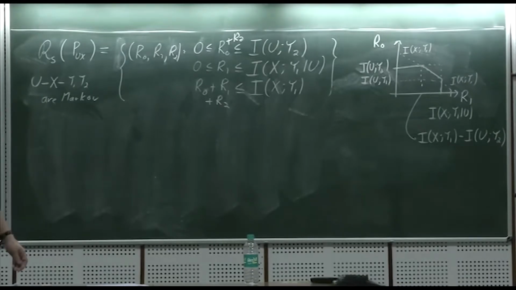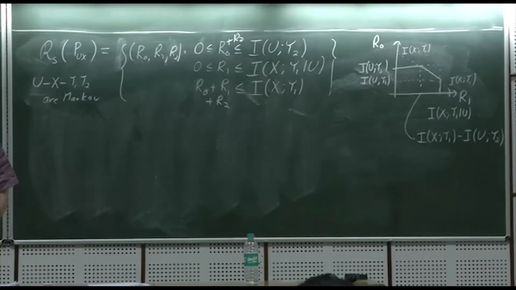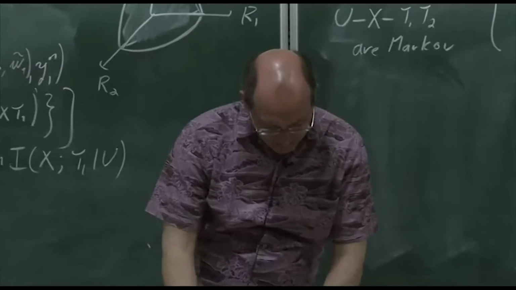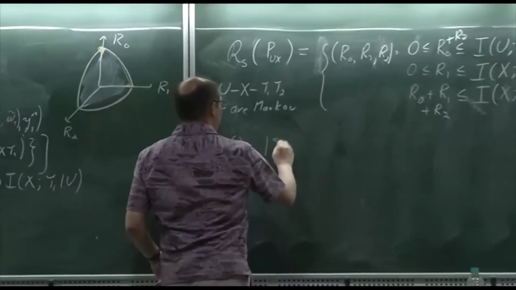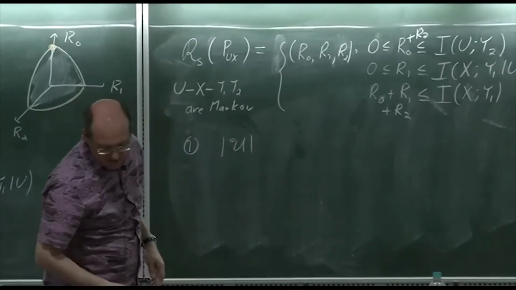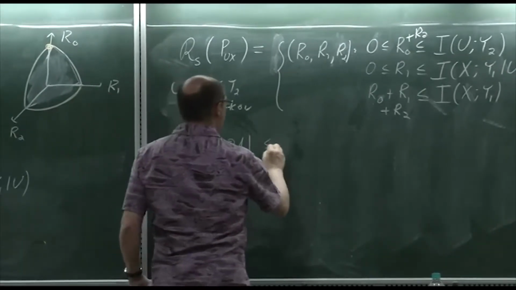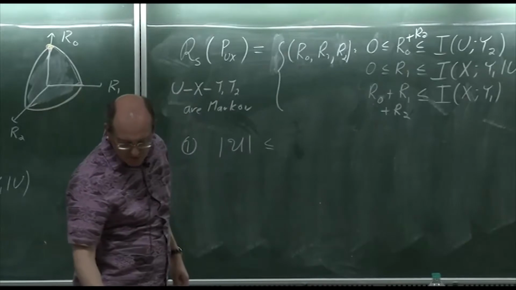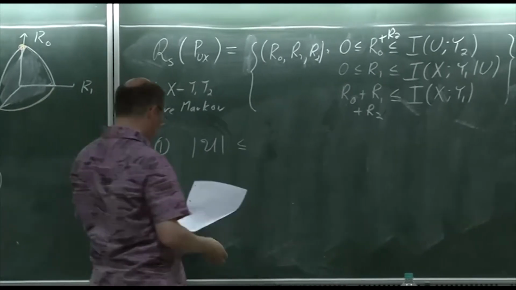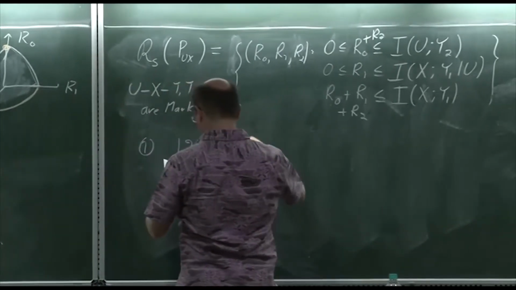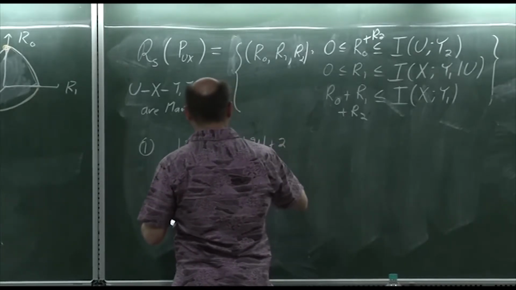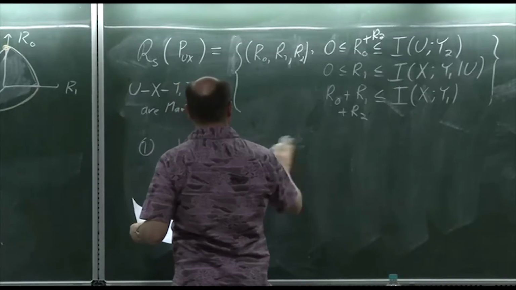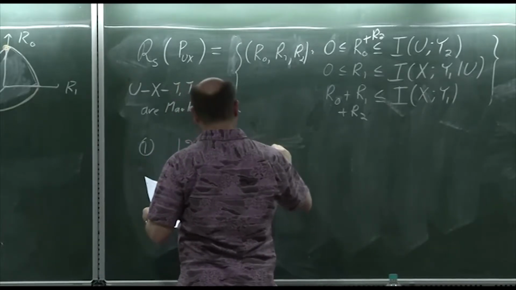Okay, so we'd now like to study this region a little bit more closely. First, a few comments again. It turns out that the cardinality of U need be at most... well, that's interesting. Here I only have the bound Y plus 2. I think it can also be less than X1 times X2.